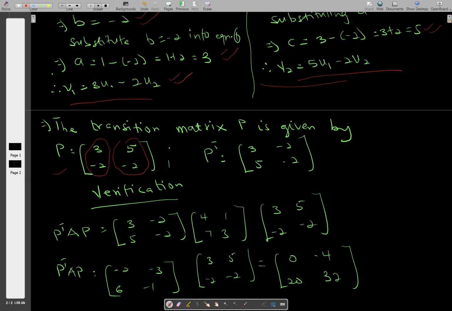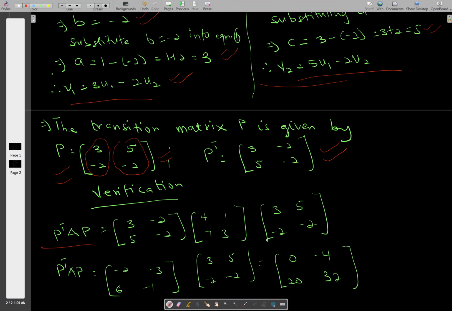And the second part of the question is that we are to verify that P transpose AP is equal to B. So first of all, we transpose our transition matrix, and the transpose of this matrix is given by this. That's 3, negative 2, 5, negative 2. But we already know our matrix B. So if you want to verify, we are required to solve for this, that's P transpose AP.